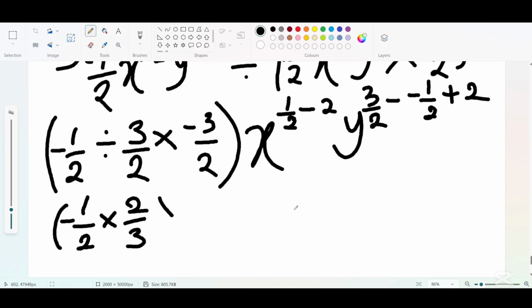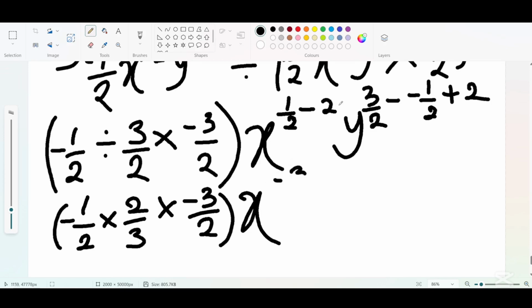So we still write it as times, and we are not going to invert this because it's multiplication. So we now have this. So x raised to power. Now for this one, to add this together, we know this is a whole number and a fraction. So it's going to be 2 times 2. That will be 4. So that's 1 minus that 4. So that will be minus 3 all over 2.